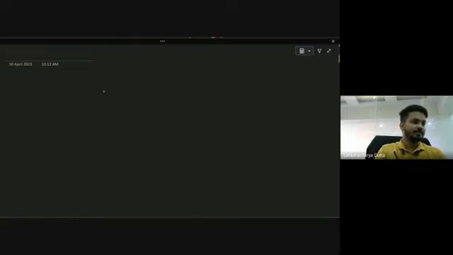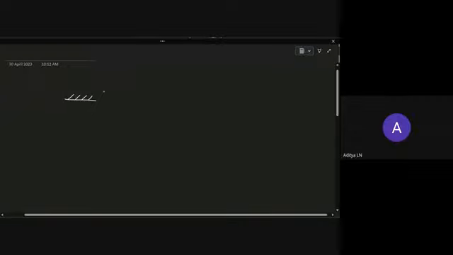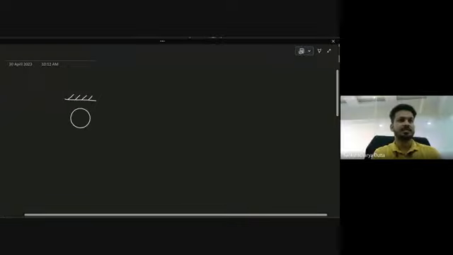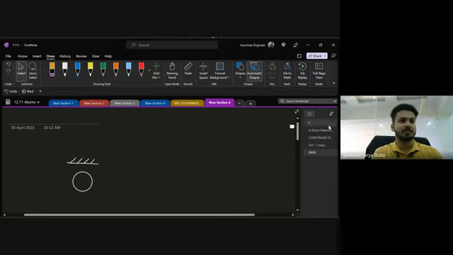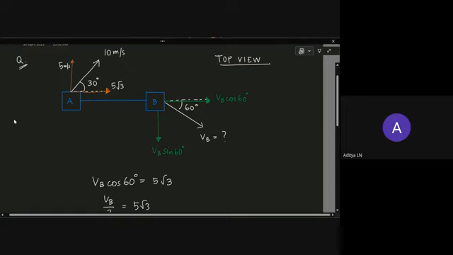Sir, but then shouldn't the answer just be 0 because the string will slack? In the previous question, shouldn't the answer be 0 because at that instant it wouldn't move?